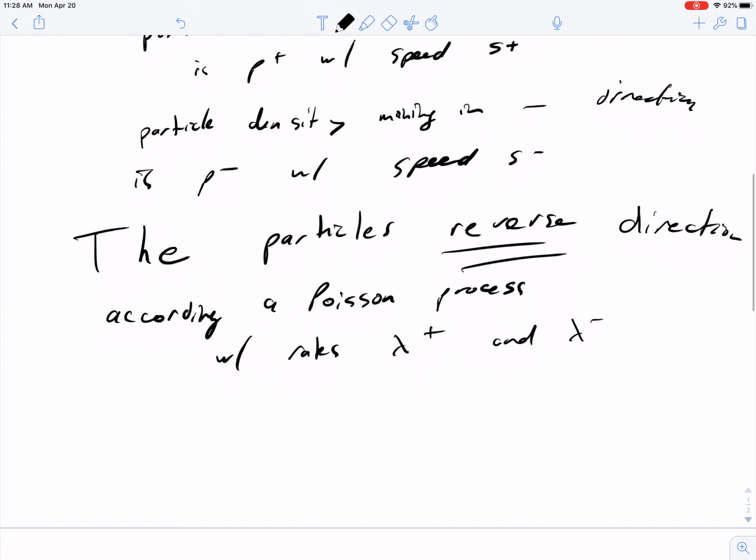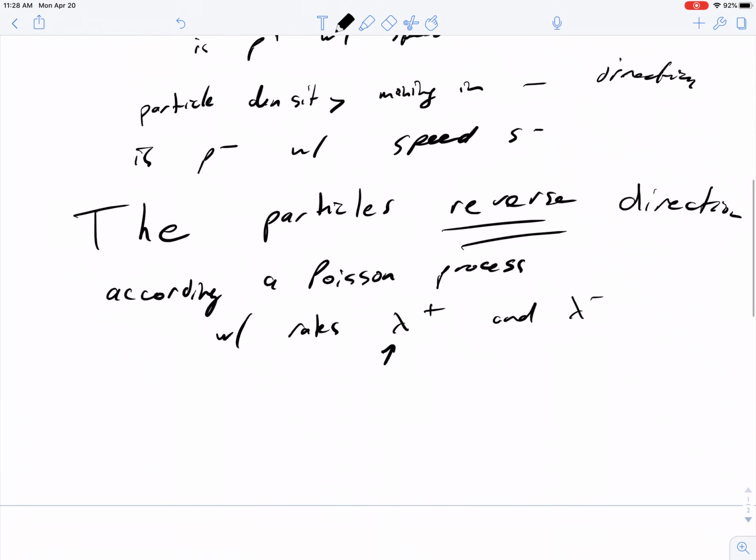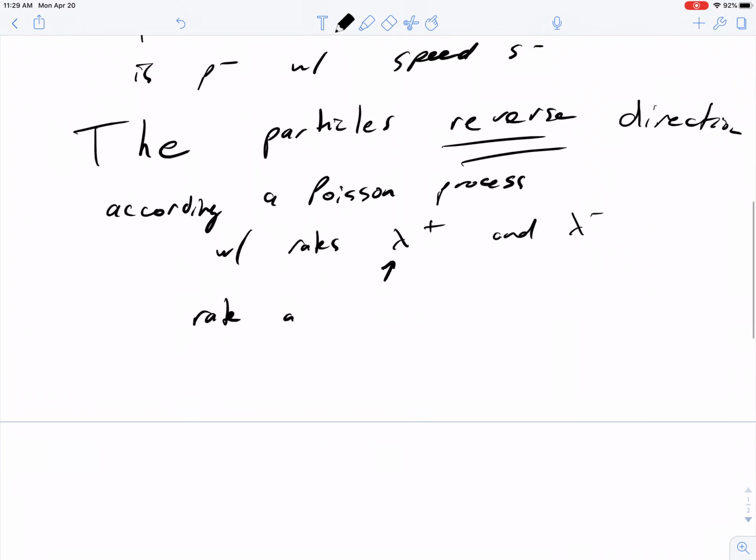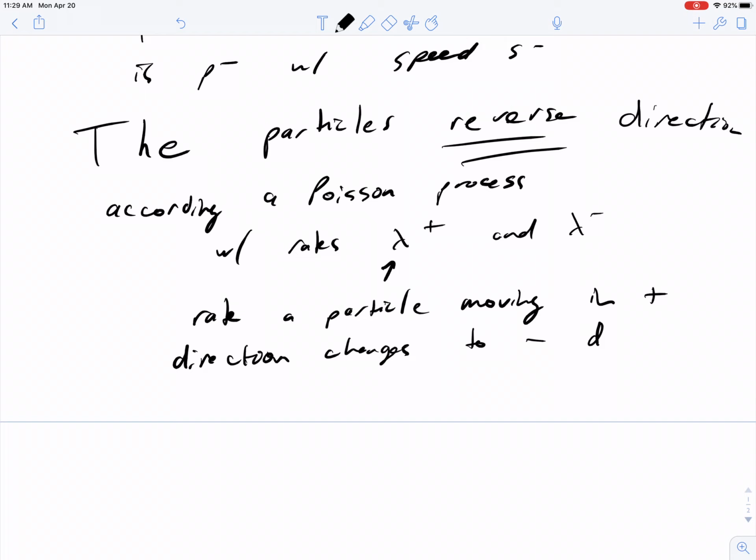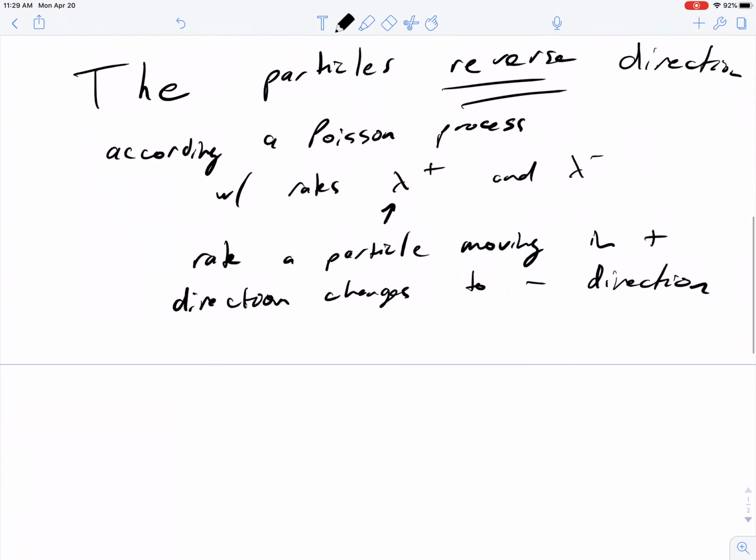So this lambda plus is the rate a particle moving in plus direction changes direction, changes to going in the minus direction. And of course, lambda minus is the opposite.